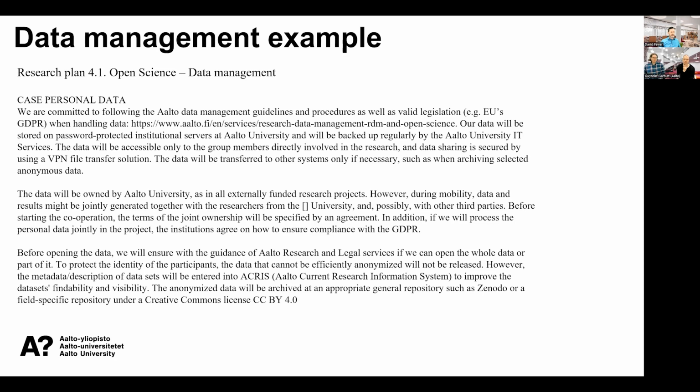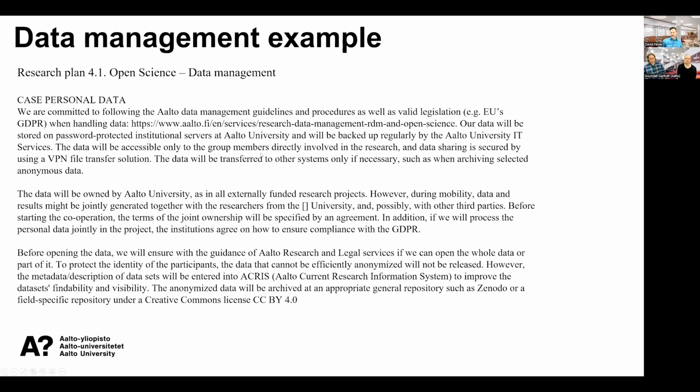Okay, then I'd like to finish by just going through what your data management plan could look like, taking into account these principles. So just to summarize here at the beginning, we've indicated commitments to data management guidelines and procedures. And this particular data management plan takes into account the GDPR issues around the collection of personal data. So the data will be stored on Aalto servers.